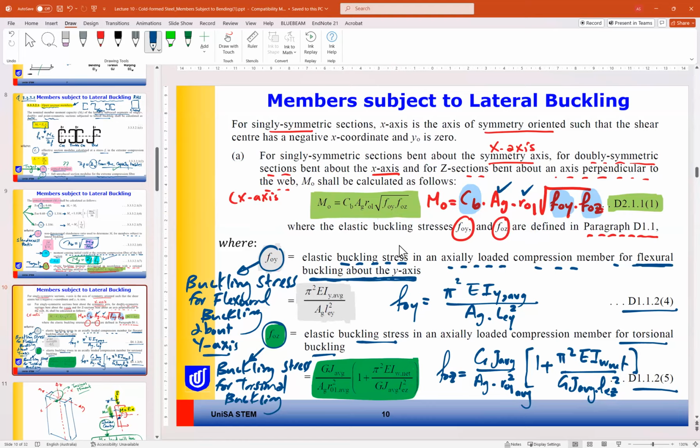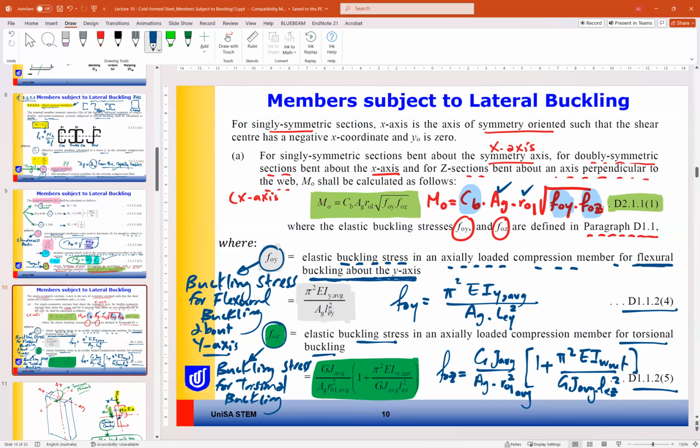For FOY we use this formula: pi squared E IY average, A gross, LEY squared. FOZ equals G J average, A gross, RO1 squared average, times 1 plus pi squared E I warping divided by G J average LEZ all squared.